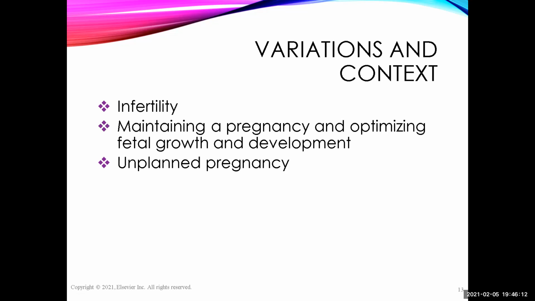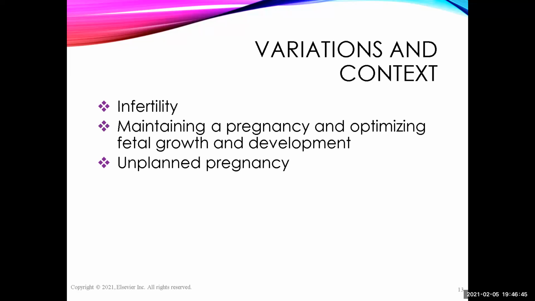It's estimated that approximately 15% of reproductive age couples in the United States are affected by infertility. And there could be many reasons for that, right? People are waiting longer to have kids, so by the time they decide to have kids, fertility is a lot older.